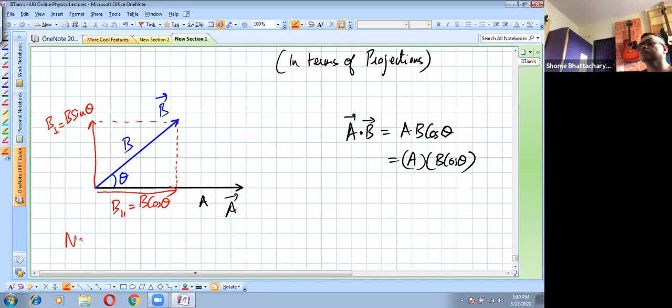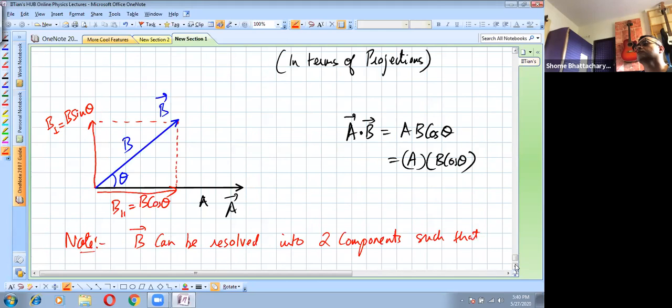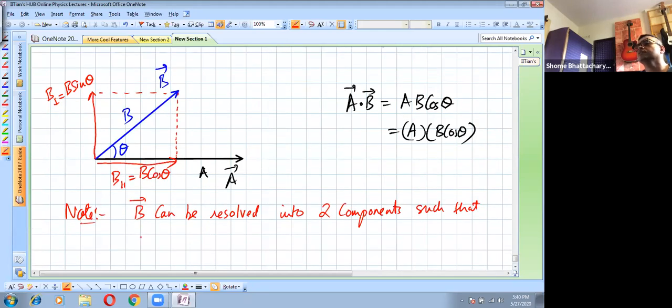So what we can do here is that the vector B can be what we call resolved into two components such that, let's say we just call this B parallel, which is B cos theta in my diagram.